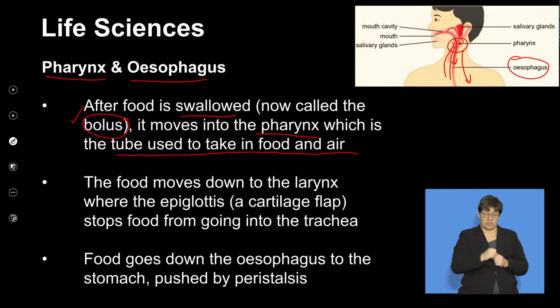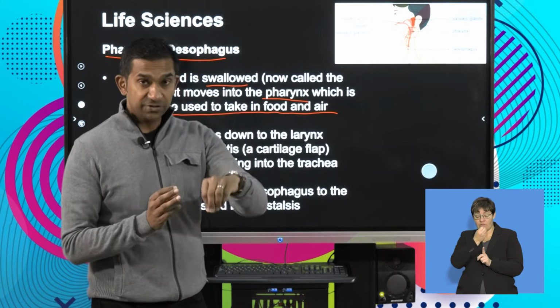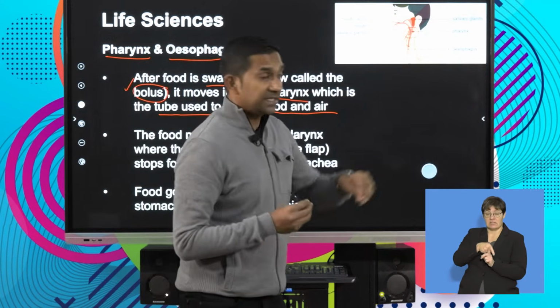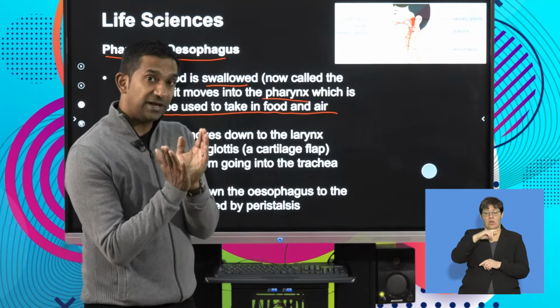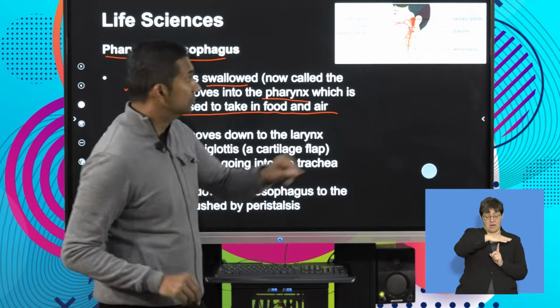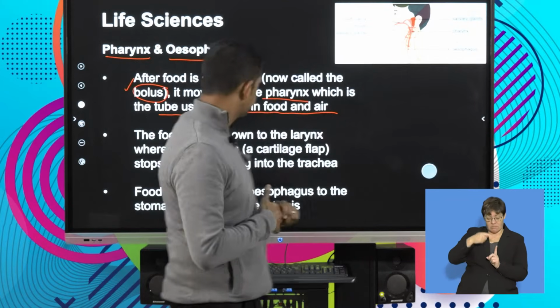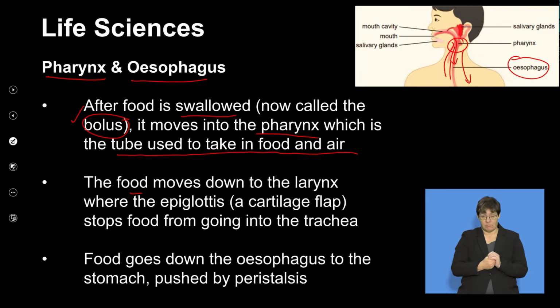What separates the opening between the trachea and the esophagus, which carries food down into the stomach, is a flap called the epiglottis. The epiglottis is a little flap that prevents food from moving into the trachea. Okay. From there the food moves down to the larynx, where there is a cartilaginous flap, as I mentioned, which stops the food from going into the trachea.